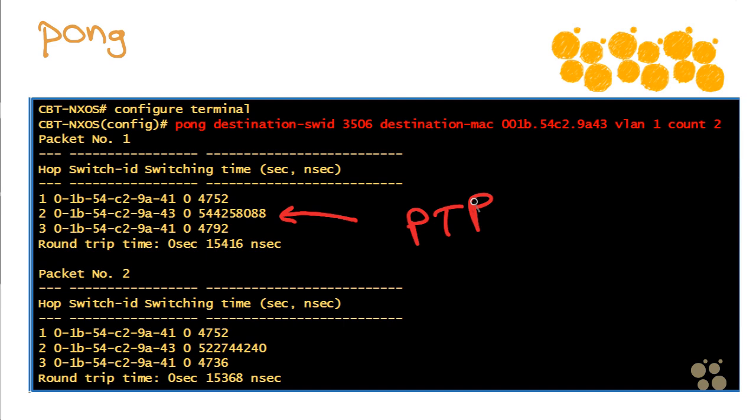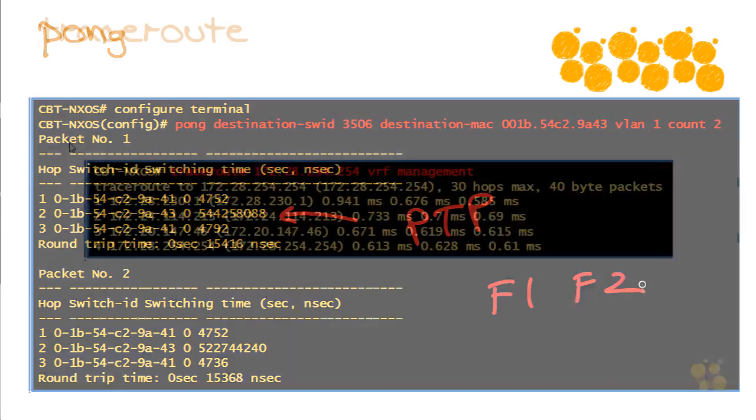Now, you can enable the Pong utility on the Nexus 7000 F1 and F2 series module ports. Notice the M2 series module ports are going to support this feature as well, but you do need to use the feature Pong command in order to enable it when you're in the M2 module environment.